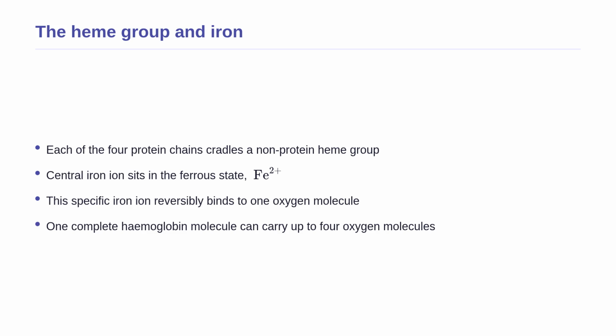Building on that 4-part structure, let us zoom in on the most critical component. Each of these 4 protein chains cradles a non-protein component called a heme group. At the very center of each heme group sits a single iron ion in its ferrous state, written chemically as Fe2+.